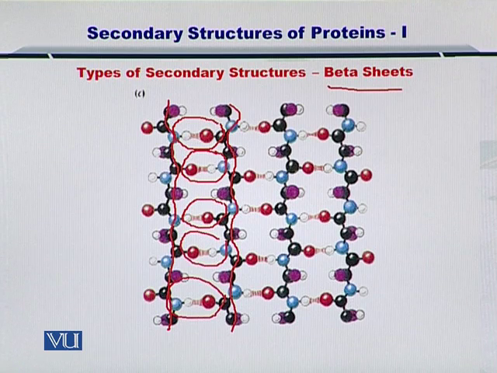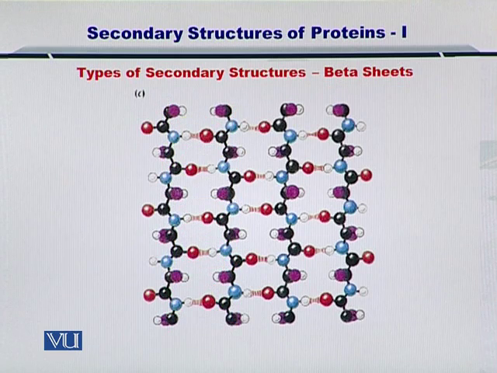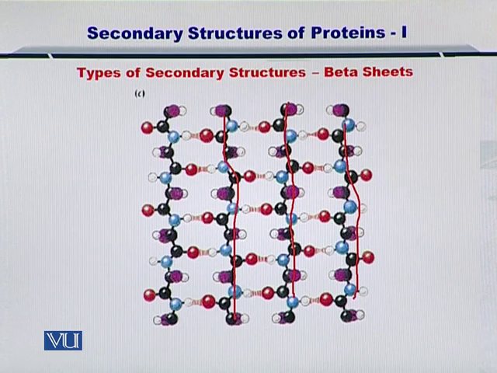In this way, two polypeptide chains can be glued together by hydrogen bonds. So this is called the beta sheet, and of course it can happen between multiple polypeptide chains.